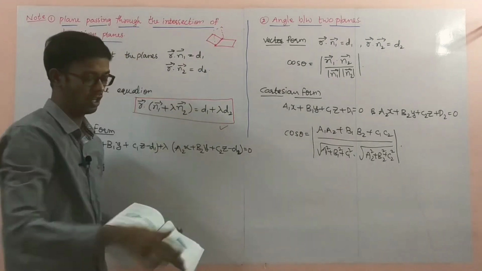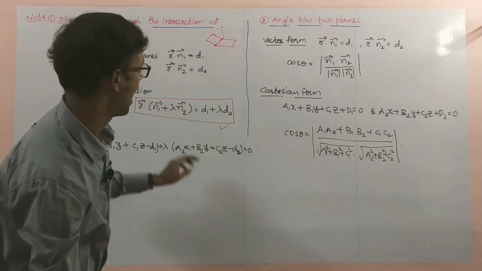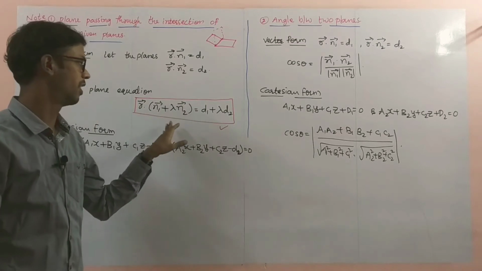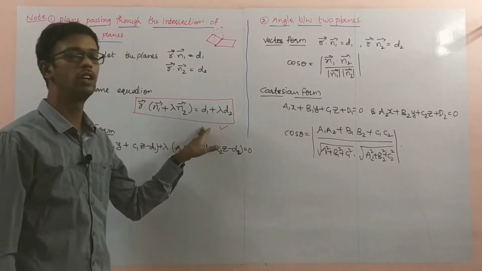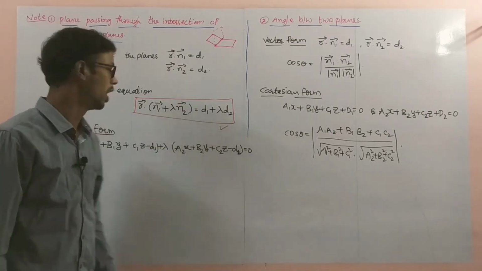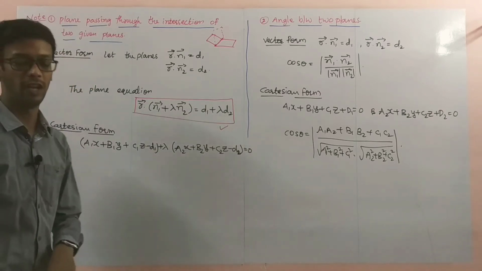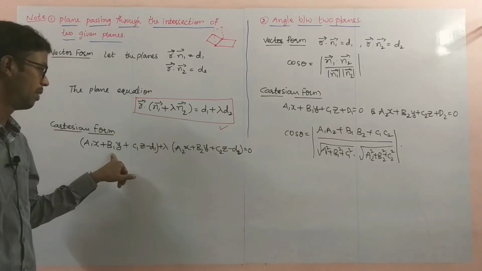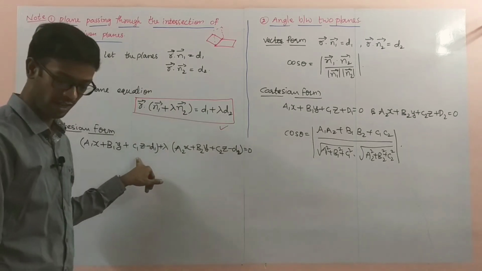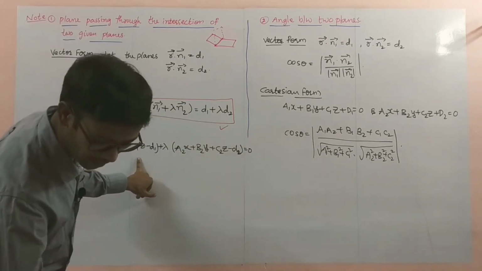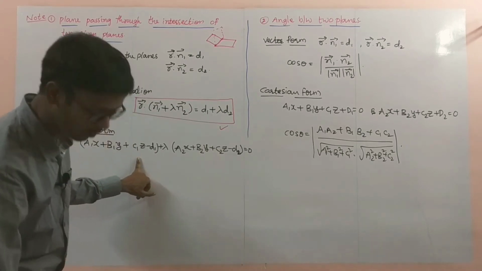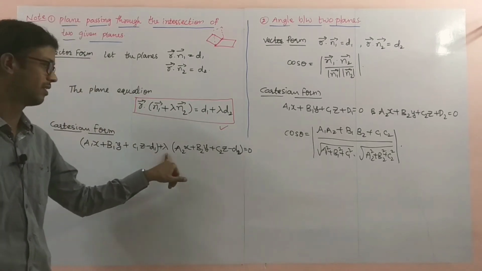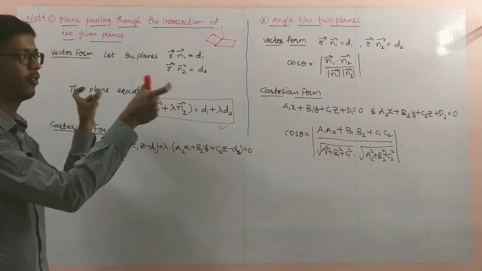This plane equation is found by using this formula: r bar dot (n1 bar plus lambda n2 bar) equal to d1 plus lambda d2. Next, the Cartesian form of the plane equation: a1x plus b1y plus c1z minus d1, plus lambda into the second plane equation they give.